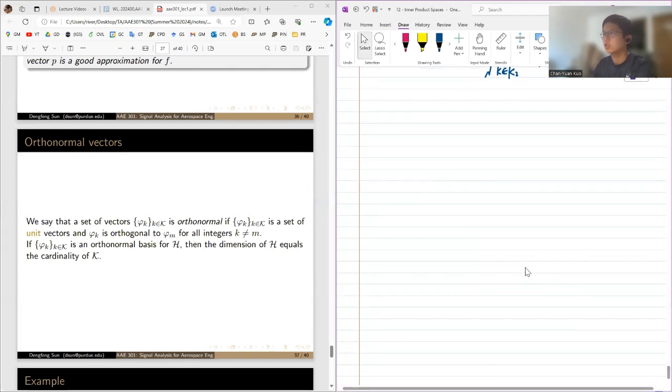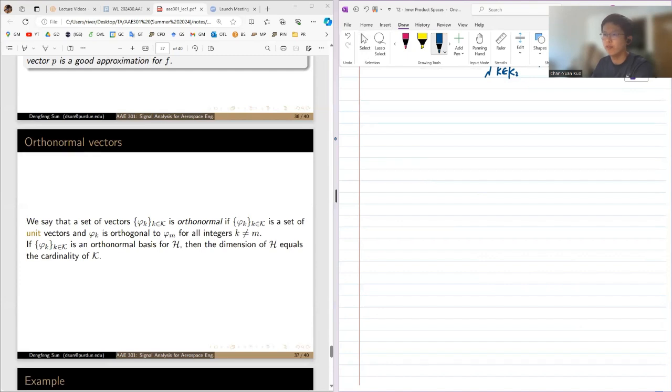All right, now let's talk about the other concept, which is related to the orthogonal basis. This is the orthonormal vectors. So just now we have seen that if this is a set of vectors, and any two different vectors in this set are orthogonal to each other, then we will say this is an orthogonal set of vectors.